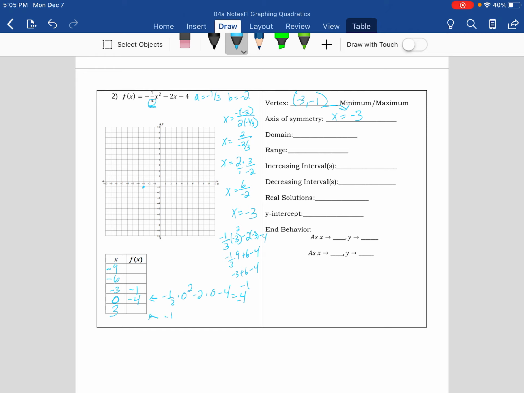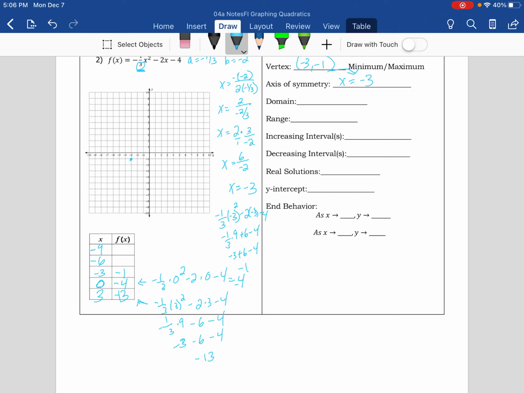Negative 9 minus 4 is negative 13. And I should not have picked one that was that kind of a weird one. Negative 13. So the next one is 0, negative 4. And I picked something off the graph, so I apologize for that. 3, negative 13. It would be somewhere around here.